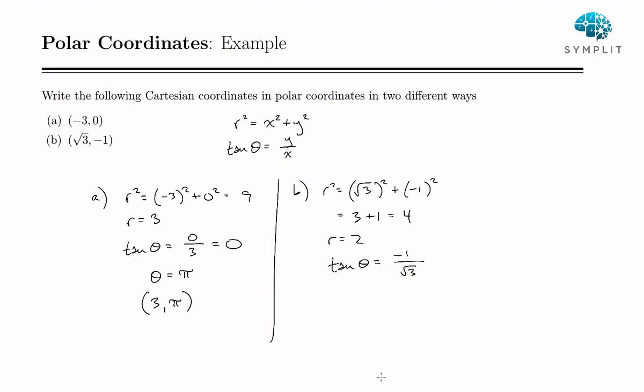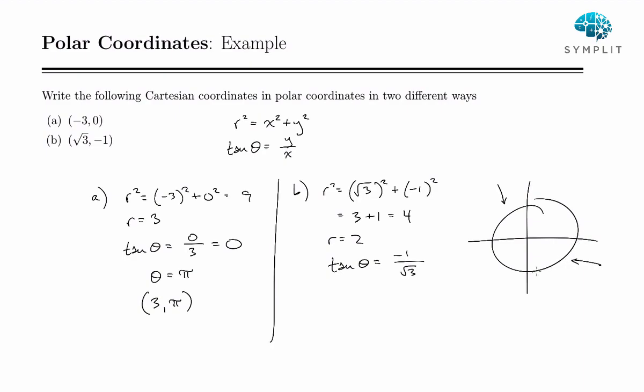Okay, again, we have multiple places where that's true. If we look at our unit circle, well, tangent is negative in quadrants 2 and 4. Of course, this quadrant here is positive x, negative y. So this is in quadrant 4.